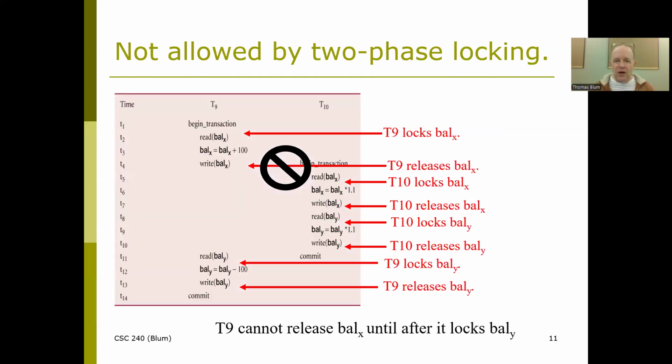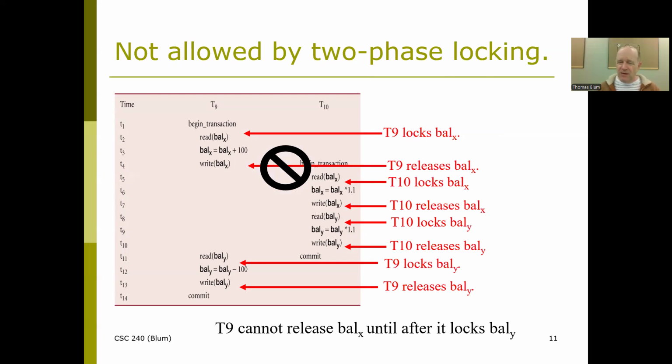So now that problem we just talked about, paying too much interest, would be prevented by two-phase locking. Transaction 9 would lock balance X, would request the exclusive lock, and then transaction 10 would come along.